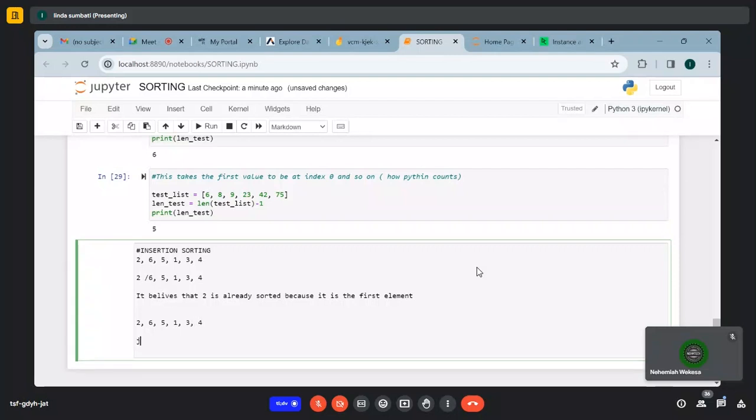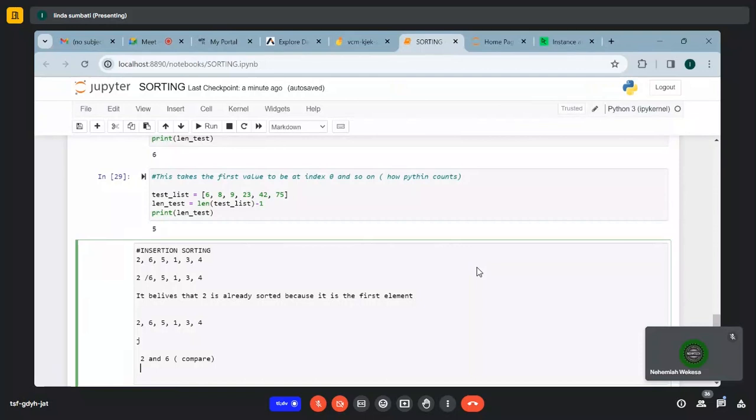So I'll also use J. So it looks through the list. Then it compares the first 2. So for example, here we will compare 2 and 6. And if you get 6 is greater than 2, then it will remain the same.